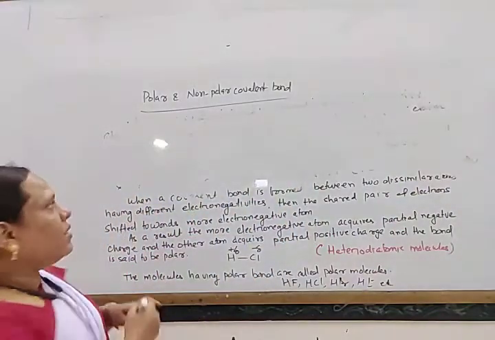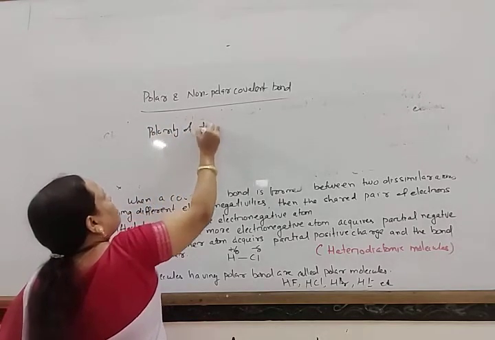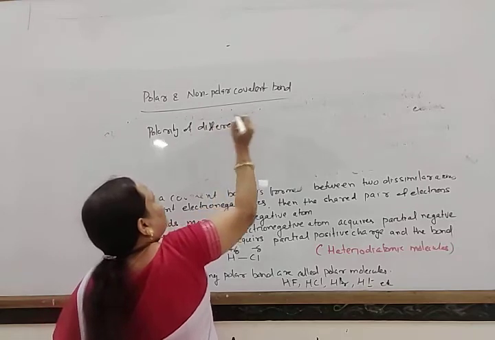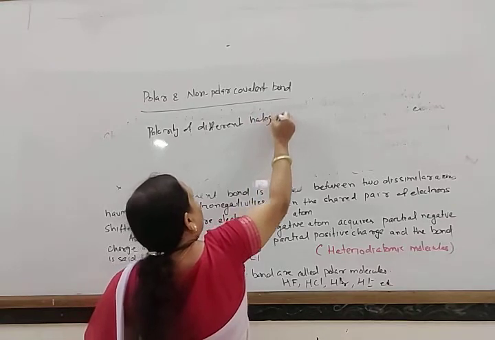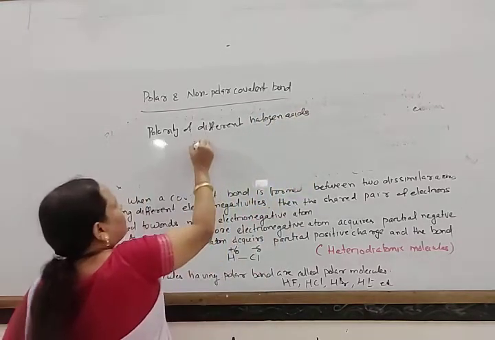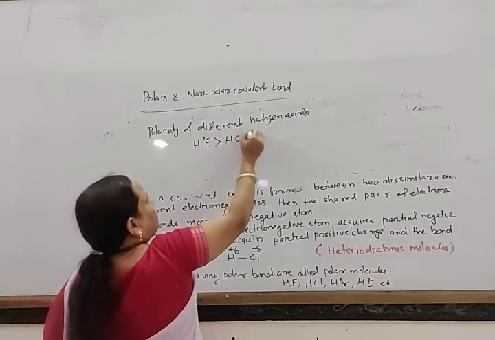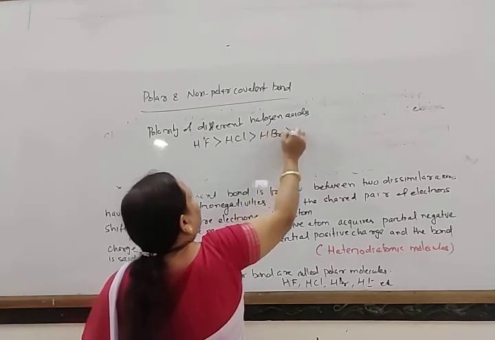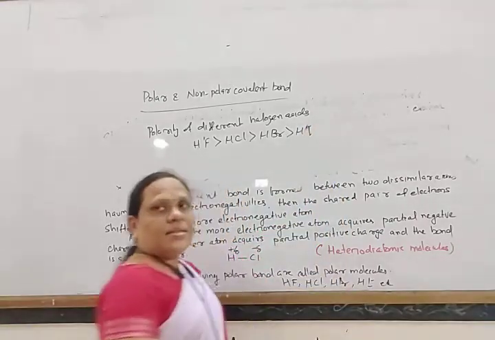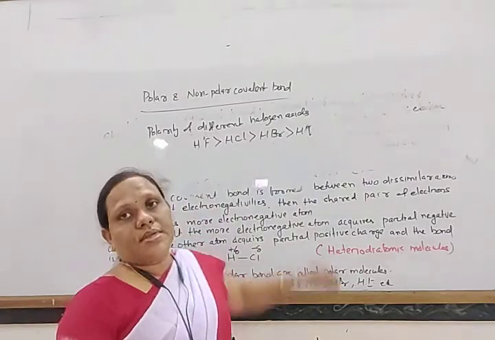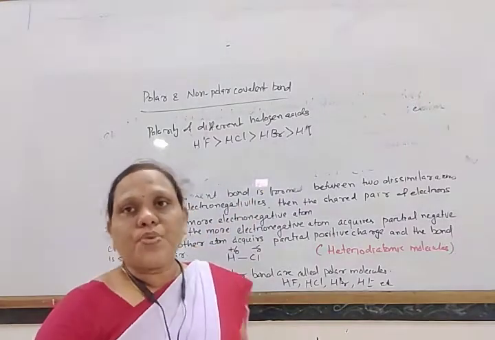So the polarity of the different halogen acids is HF greater than HCl greater than HBr greater than HI. That depends on the electronegativity: the greater the electronegativity of an element, the greater its polarity.